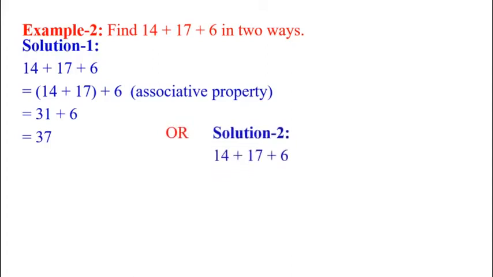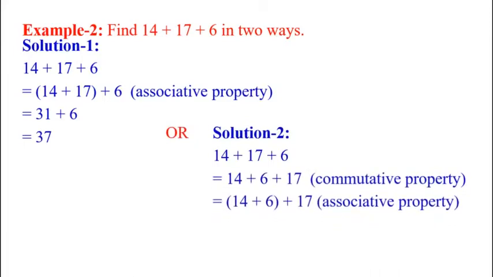Another method. 14 plus 17 plus 6. In this method, for 17 plus 6, we use the commutative property. So 17 plus 6 becomes 6 plus 17, so 14 plus 6 plus 17.